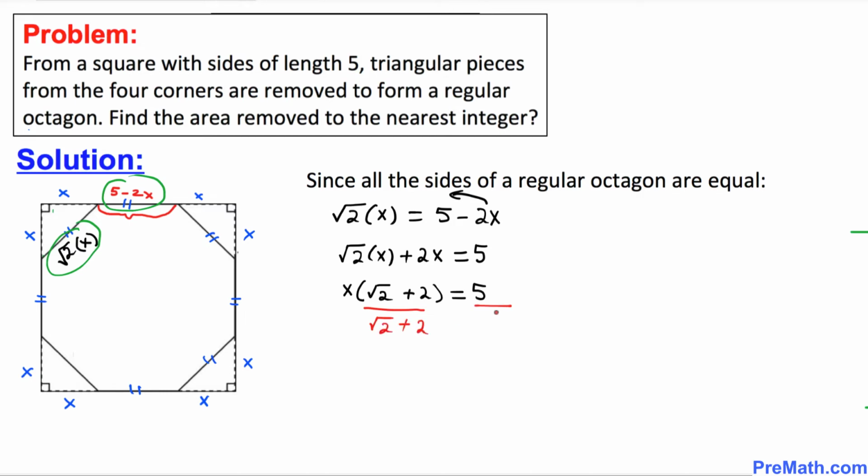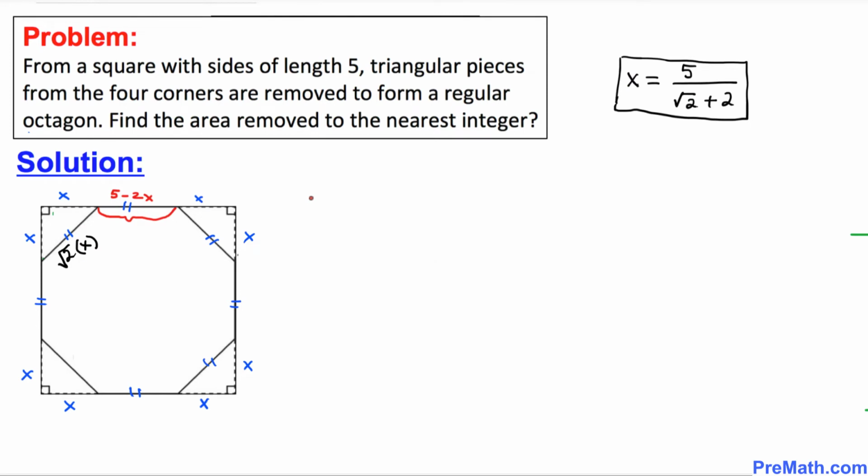This cancels out with this one, so we simply get x equals 5 divided by square root of 2 plus 2. This is our x value.